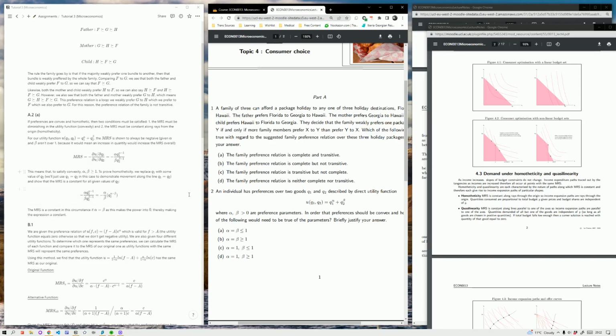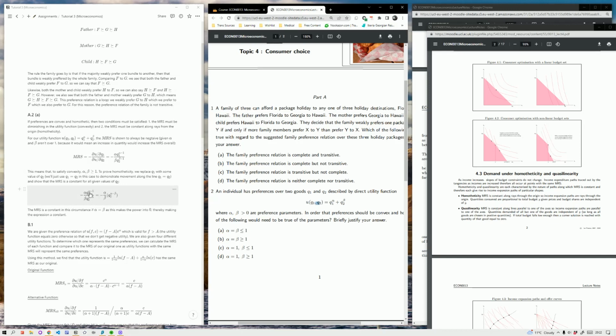If I'm on the line Y equals X, I can replace every Y value with X. So we do the same here: on the line Q1 equals Q2, I replace every Q1 with Q2 to make it easier for myself.